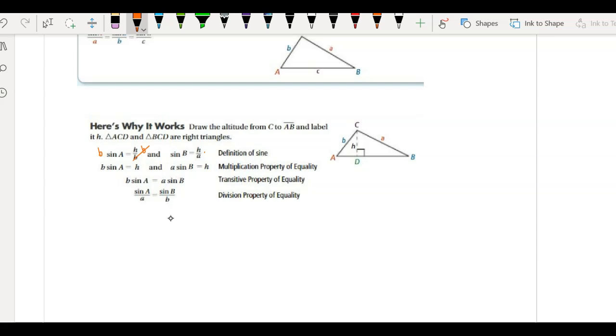We multiplied by a. And what you do to one side, you have to do to the other. So these a's cancel out, leaving you with a times the sine of B is equal to h. Oh, I've got h and h, so I can use substitution and say, b sine of A is equal to a sine of B.